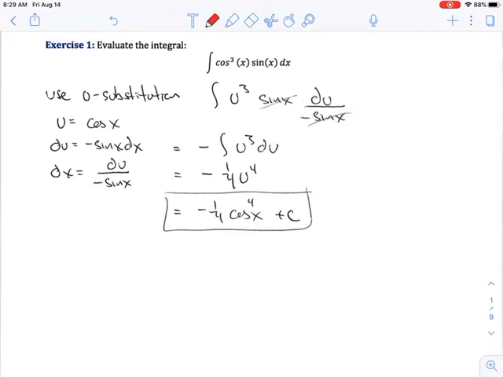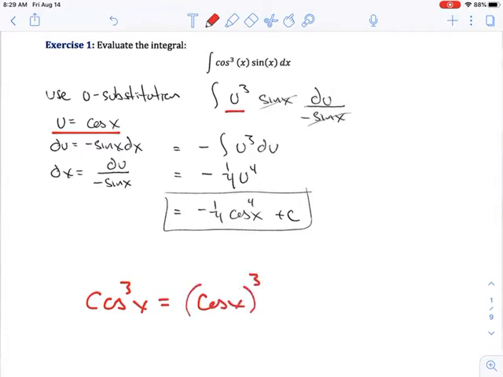So in this particular case, we're simply letting U be equal to the cosine of x. So what we have is U cubed, cosine x to the third power. Okay, because remember that cosine cubed x is really the same thing as cosine x cubed.